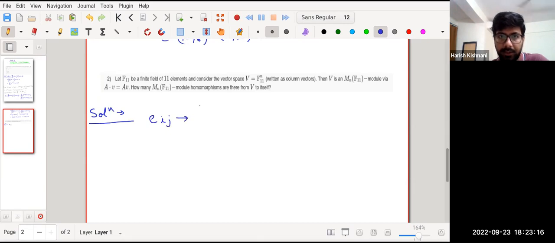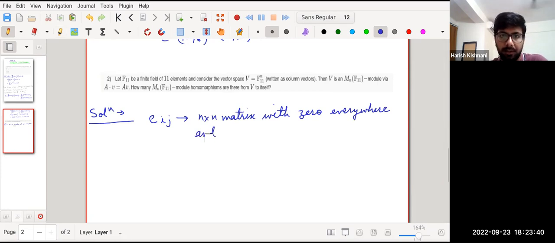Eij is just an n cross n matrix with 0 everywhere, except at the i comma j place.